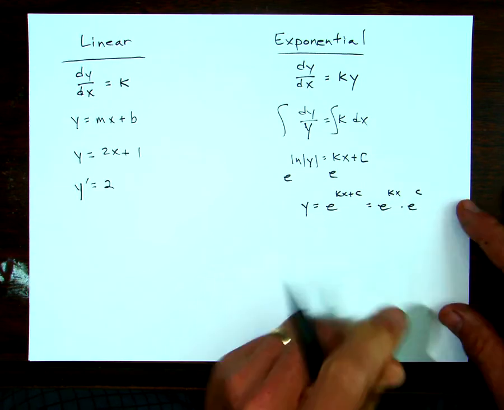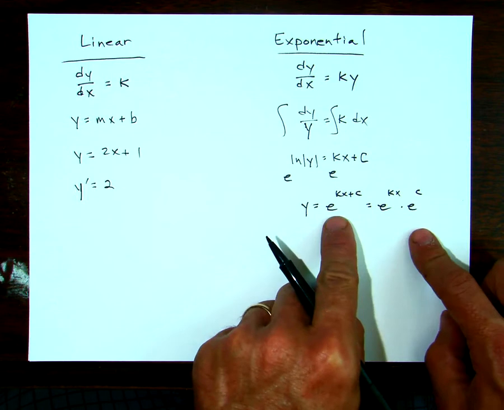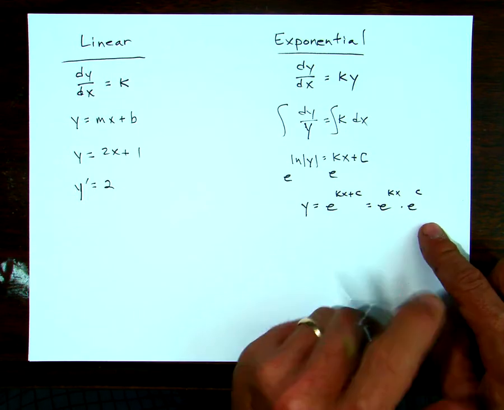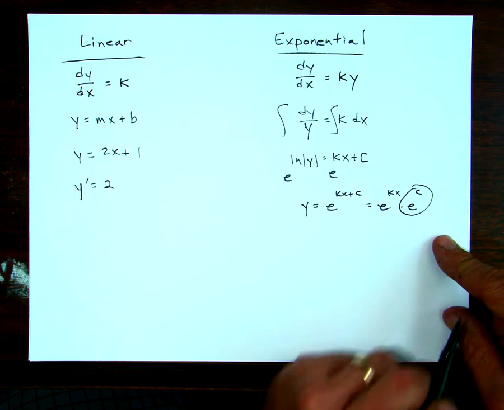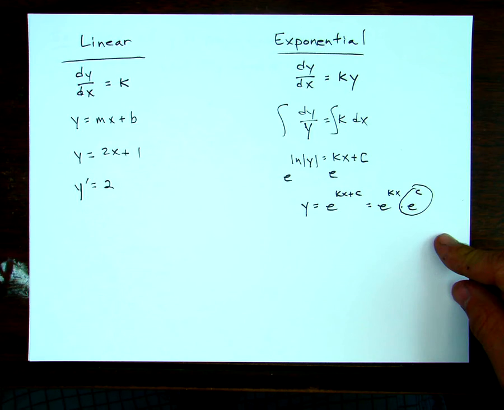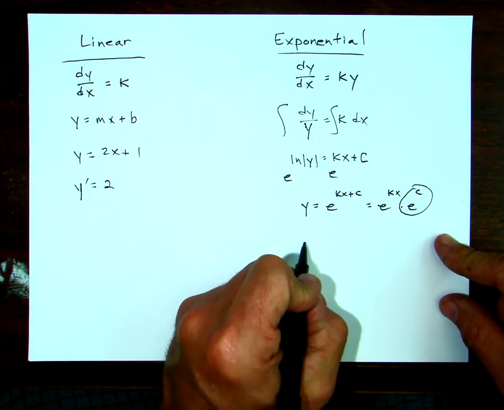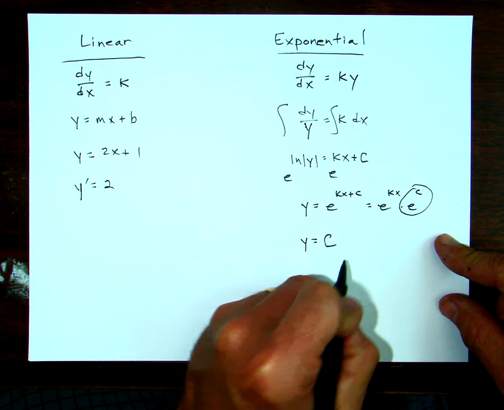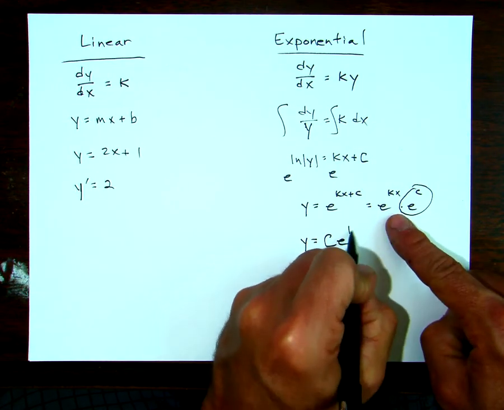We know that if the bases are the same, then I would add the exponents, and that's what I've done here. So I've just gone in the other direction and rewritten it as a product. And e to the c, where e is approximately 2.718, is just a number raised to an arbitrary constant. I could rewrite that as just c, because it's still just a number. So finally, our model gives us c, and I bring that constant out in front of this, e to the kx.